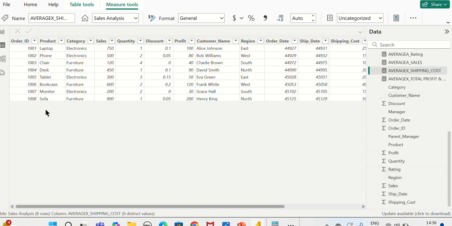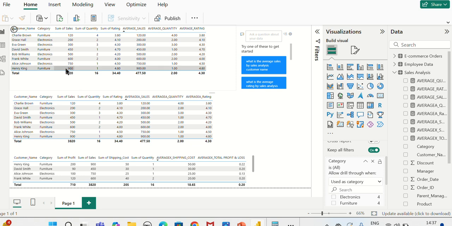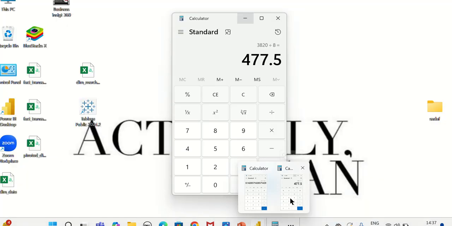If we add 750 plus 500 plus 120 plus 150 plus 300 plus 600 plus 200 plus 900, we get a total of 3820. We want to take out the average of this number. How are we going to do that? I'll show you how this works.